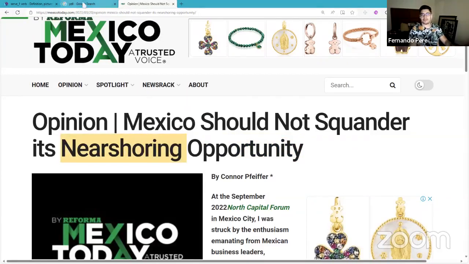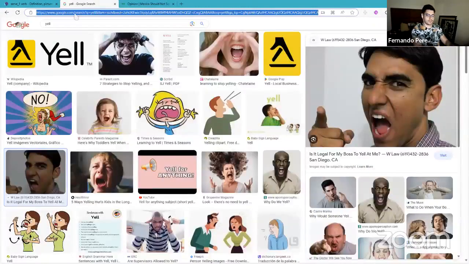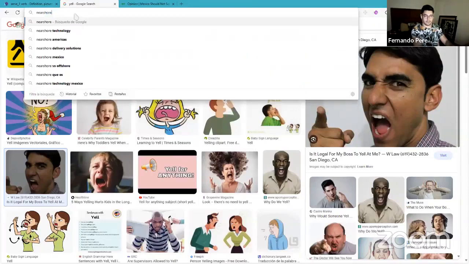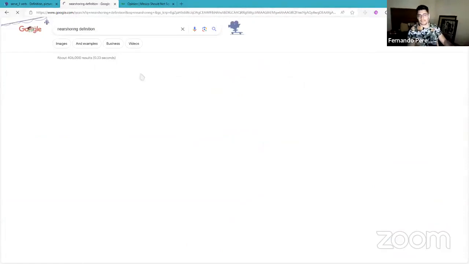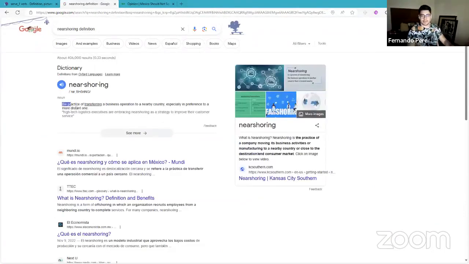Nearshoring comes from the verb nearshore. Nearshoring, the practice of transferring a business operation to a nearby country.